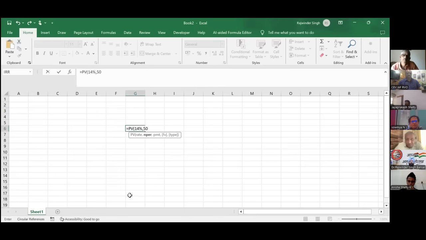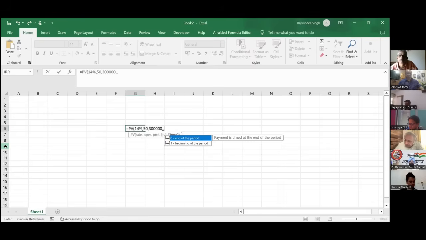Next it asks PMT. PMT is rent every year, or net income or payment every year. It is 3 lakh. Sir, okay. So nothing is to be filled in FV. Future value कुछ नहीं है हमारे पास. तो उसके लिए you will simply have a comma without any space.